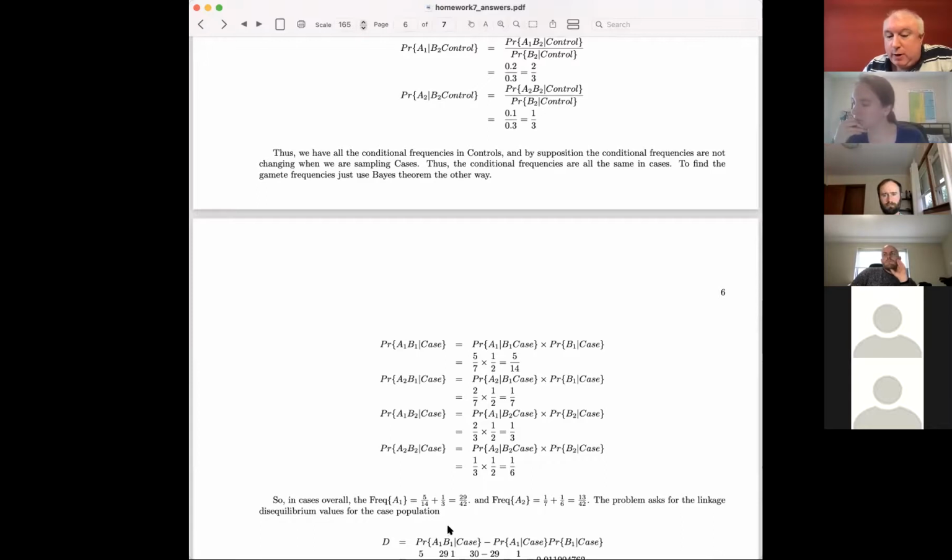And the frequency of B1 is 1/2. That works out to be 1/84. Therefore, R squared is equal to 1/84 squared divided by all the allele frequencies. That's equal to 84 squared. It all cancels, and you just get 29/13.